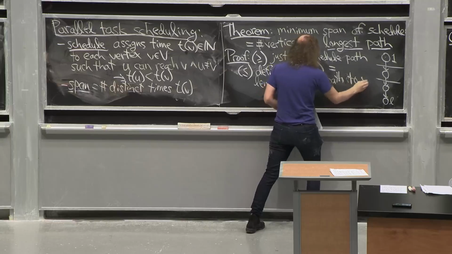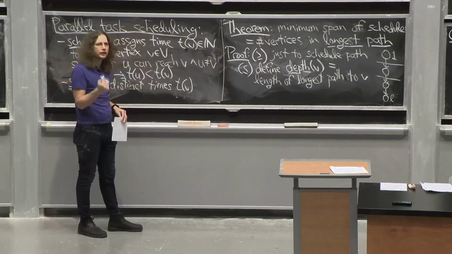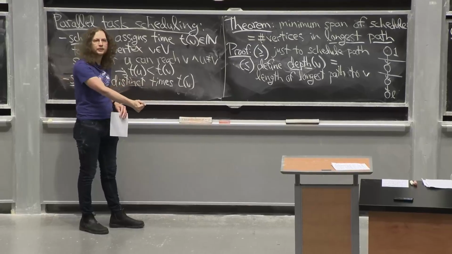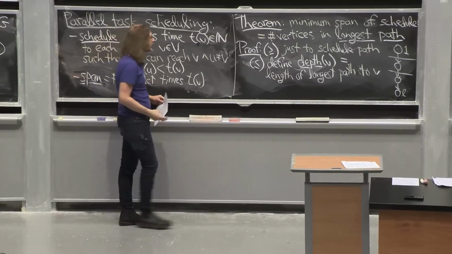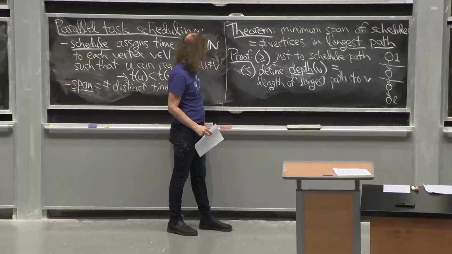So it can start anywhere, but I want a longest path that ends at v. Here I'll use length measuring the number of edges as usual, because it doesn't really matter.